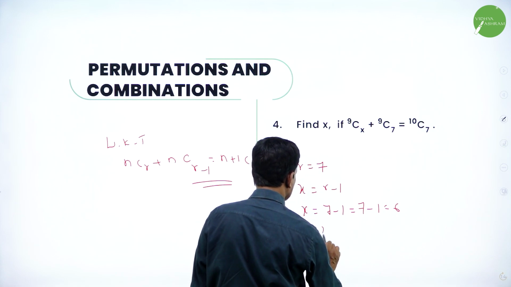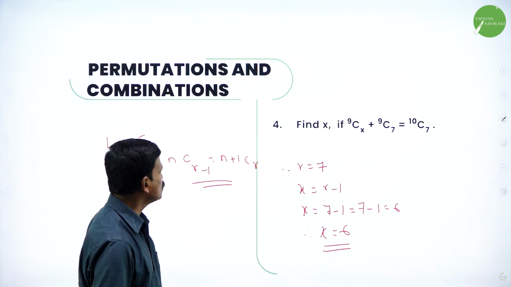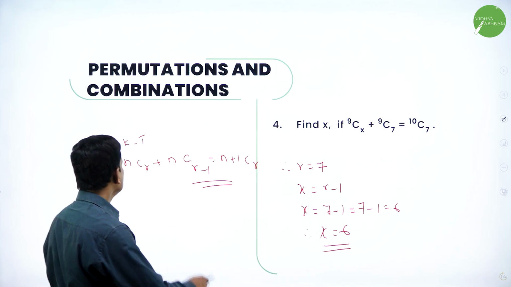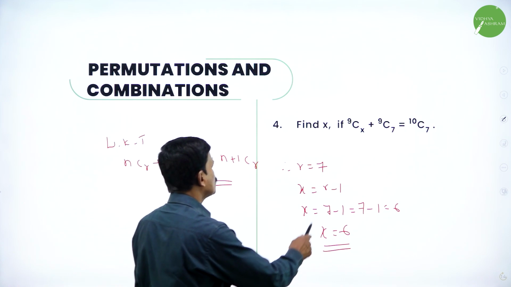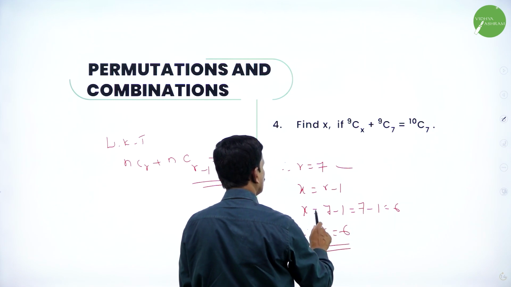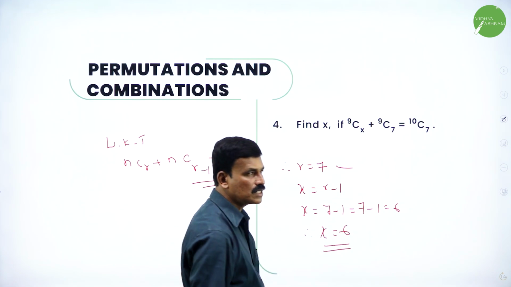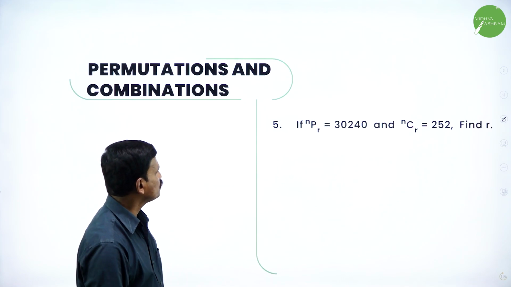Therefore the value of x is equal to 6. That's it. Very simple for 2 marks. Since r is equal to 7, x is equal to r minus 1, which is 6. Now move on to the next problem.